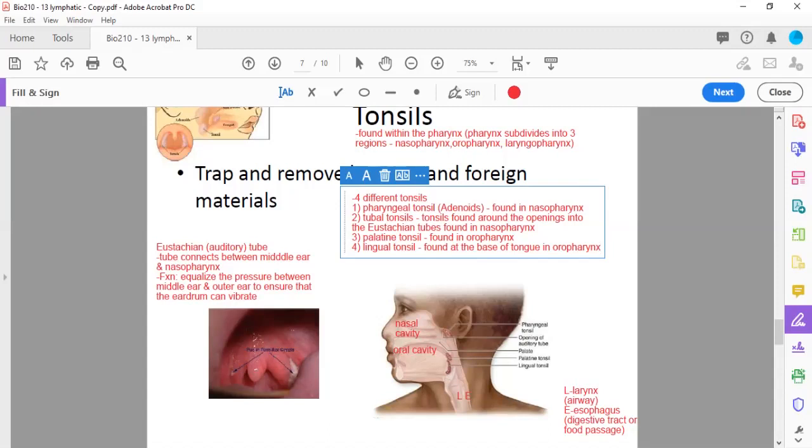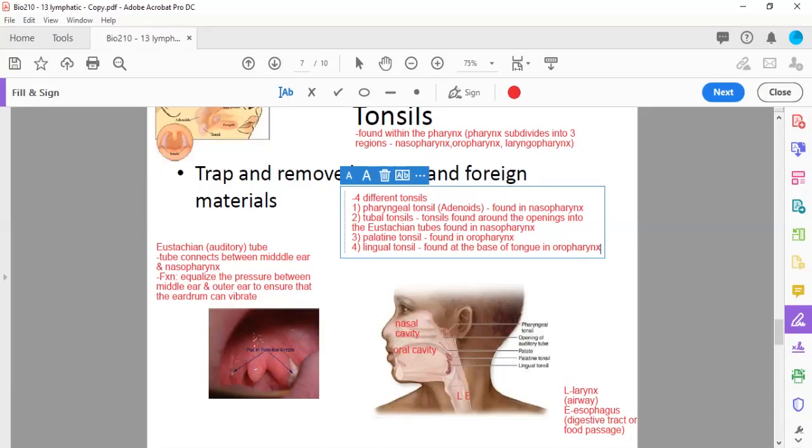Now, the next opening that we have is the mouth. If an infectious agent manages to go into the mouth and back all the way into the pharynx, before it can enter the oropharynx, you have the palatine tonsils and the lingual tonsils. They guard against the infectious agent moving onward.